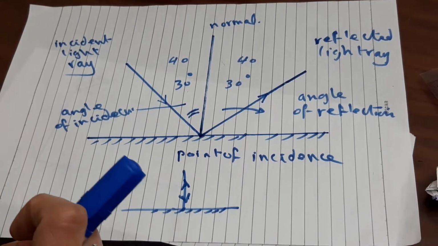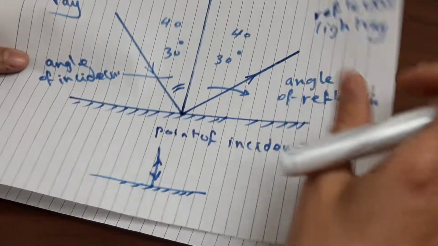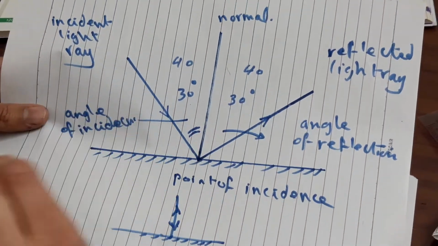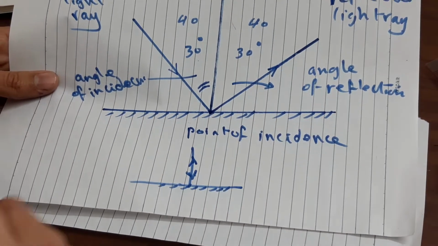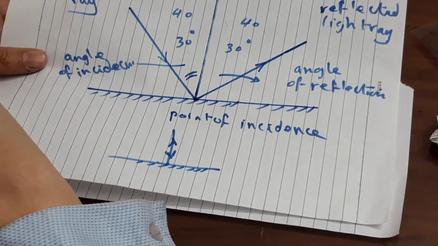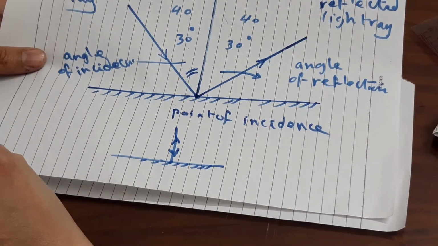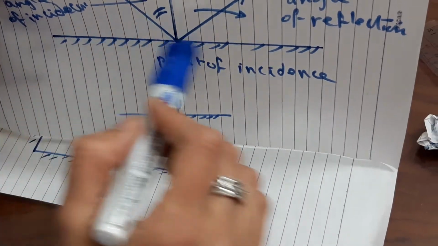Okay, the second law of light reflection mentions that the incident light ray, the reflected light ray and the normal all lie in one plane, and this plane is perpendicular to the reflecting surface.